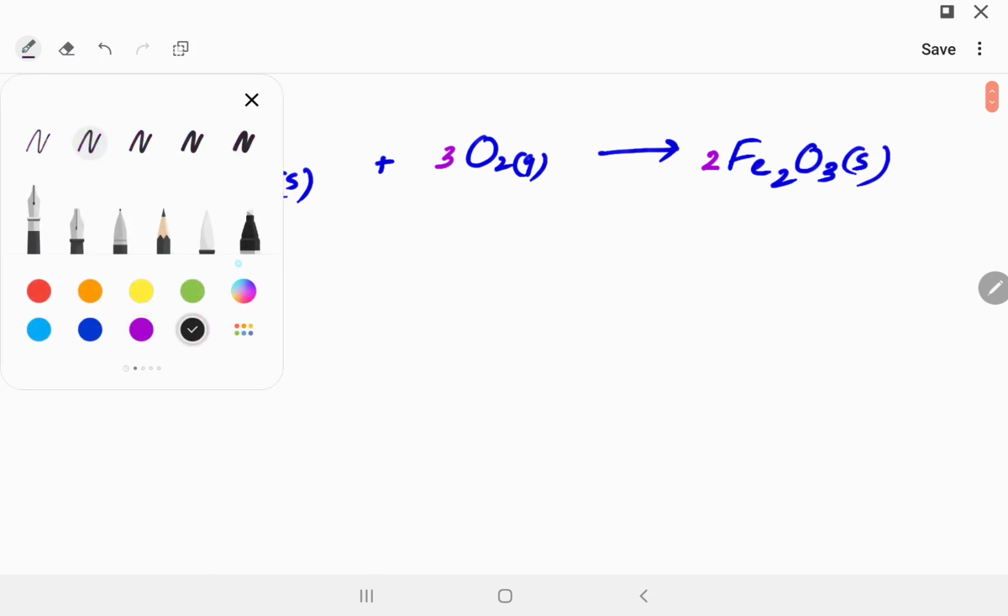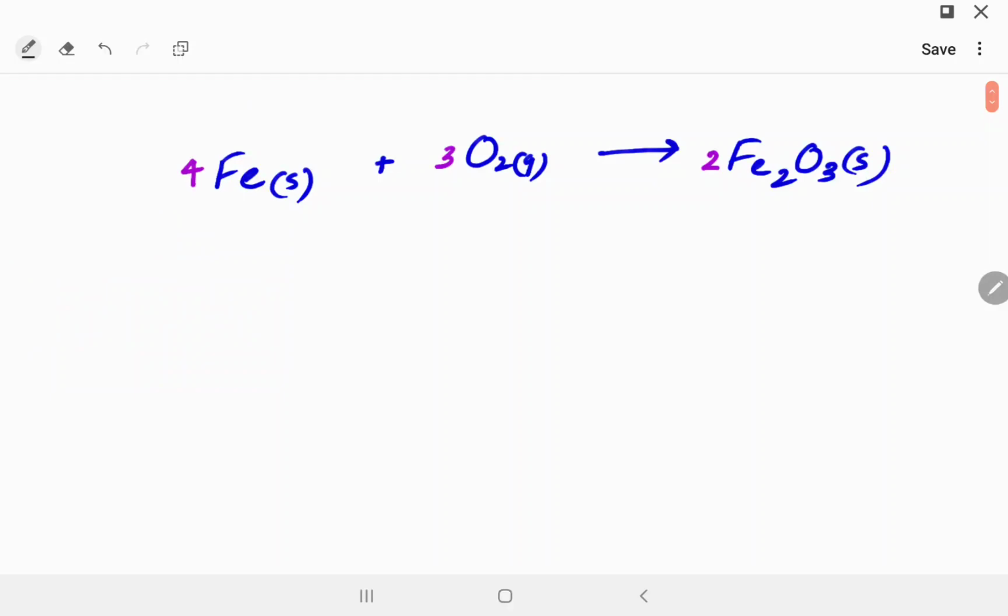Let's see what we know about this calculation. We already know how much oxygen we have. They are telling us that they have 6 moles of oxygen, and they want us to calculate how many moles of iron oxide they can get if you use 6 moles of oxygen.